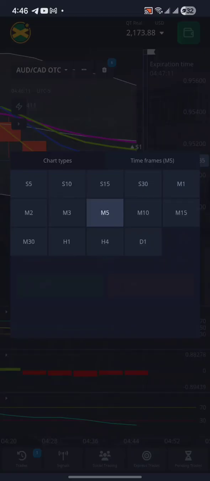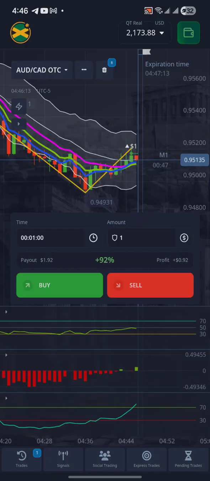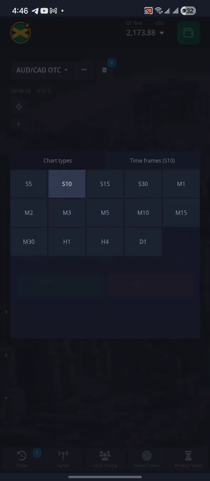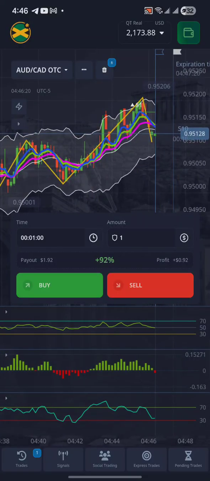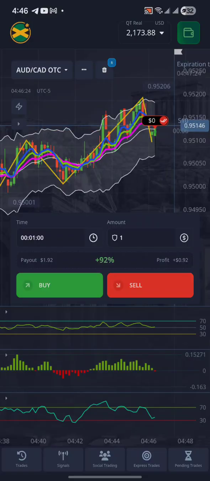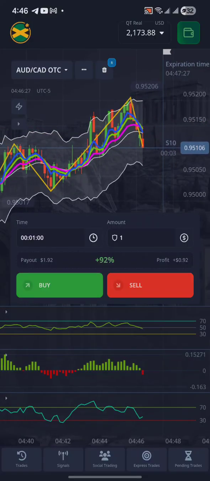So you know what I'm saying? We expect an up. We don't know when it's going to come, but we expect an up to come back. So we just need a strong up.